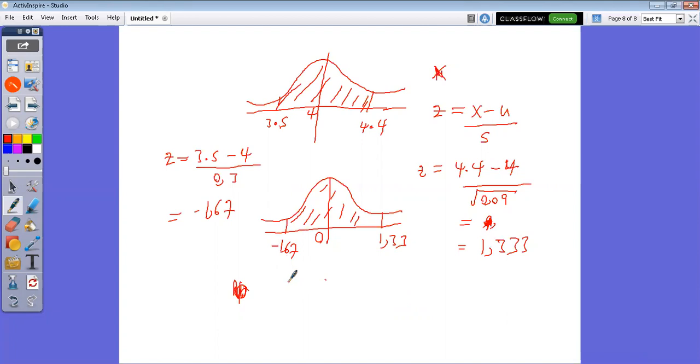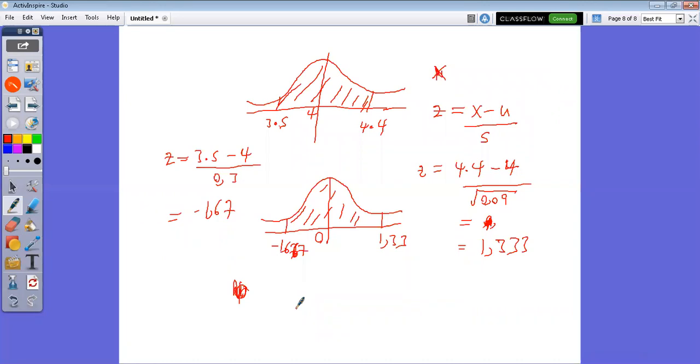Negative 1.667. Sorry about that. So we should work with the 1.667. Hope it makes sense now.